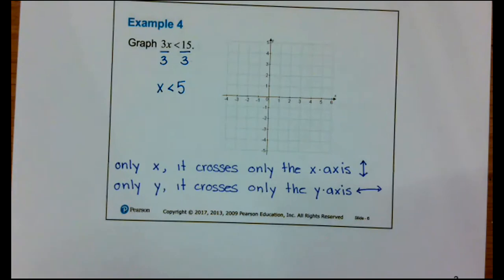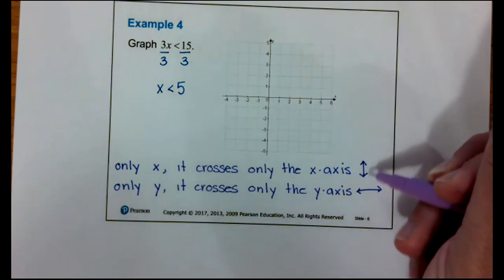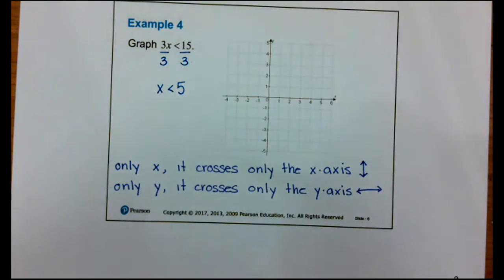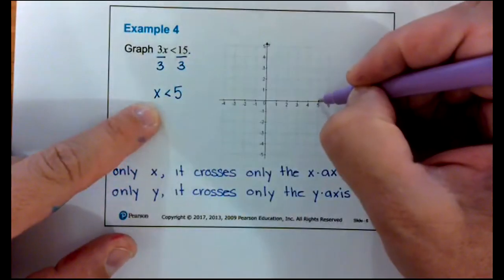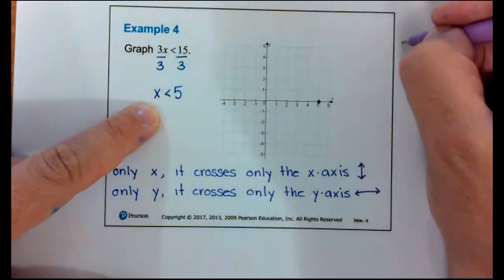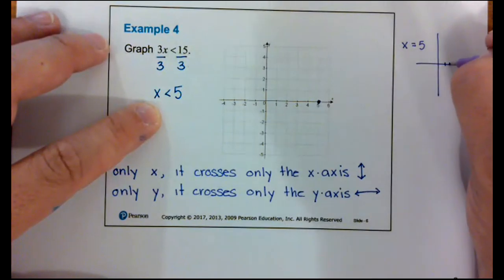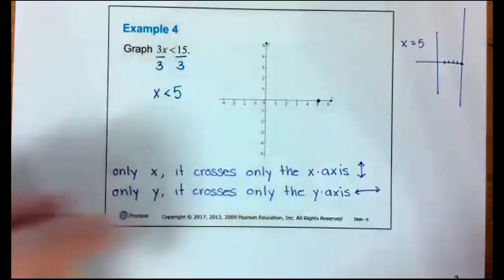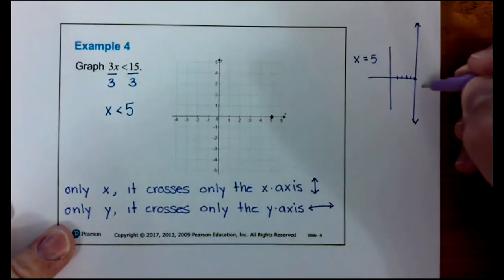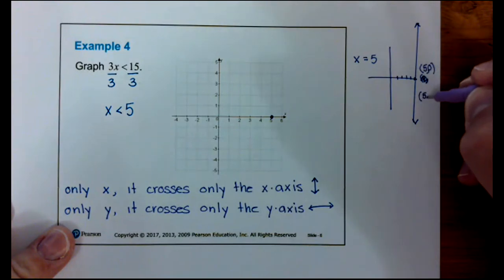Okay. So x is less than 5. It is vertical, and x is less than 5. So I start at 5, right? Because if this was x equals 5, that means it would be 5, 0, 5, -1.